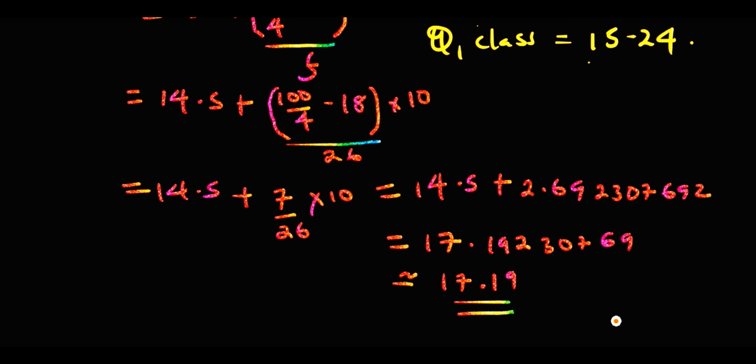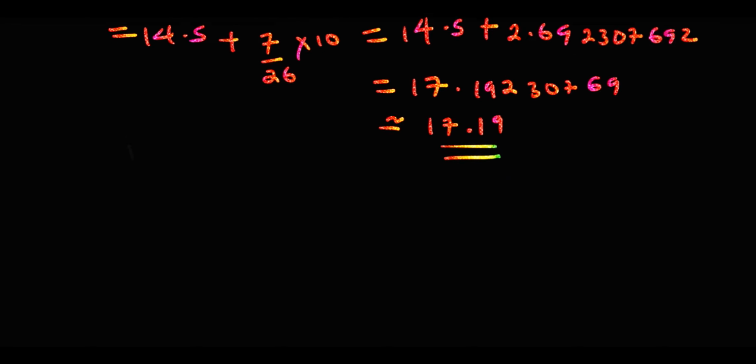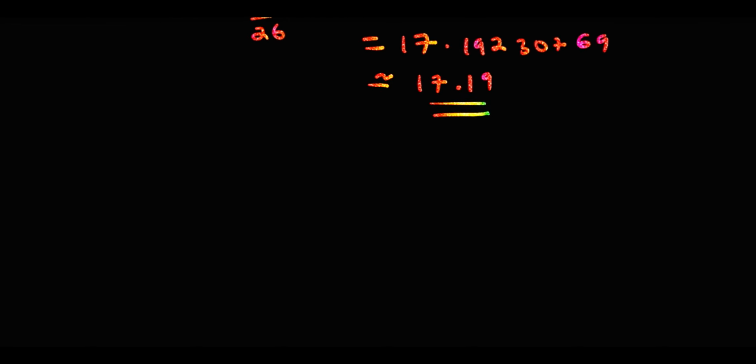So the next is to look for the upper quartile, the one that is normally denoted by Q3. Remember, Q1 is the lower, Q2 is the central one, which is just the same as the median, but the upper quartile is the same as Q3. So let us look for Q3, that is the upper quartile, denoted by Q3.